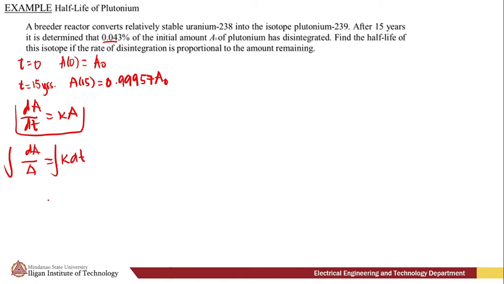Integrating both sides, we have ln A equals kt plus C. Solving for A, we apply the exponential to both sides of our equation. We have A of t equals e raised to kt times C.